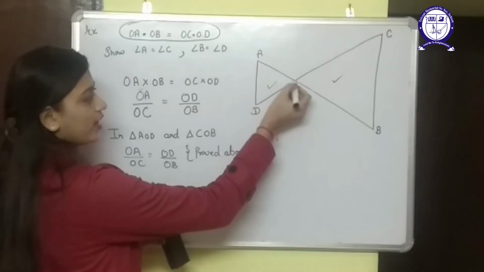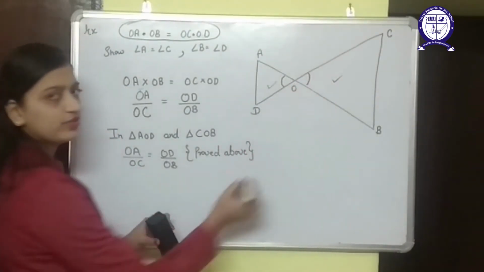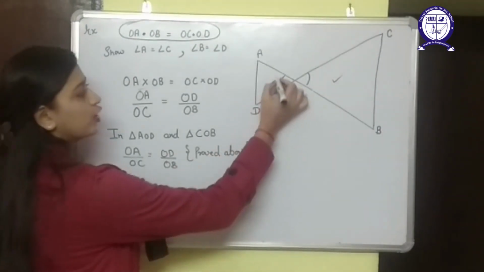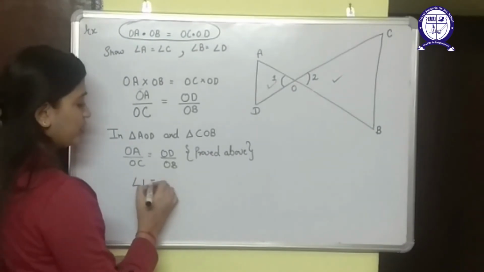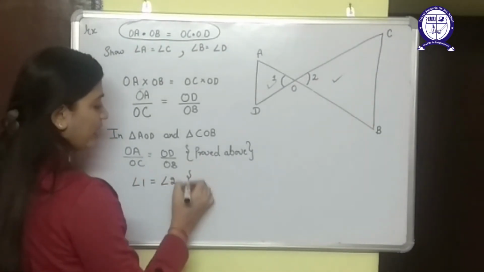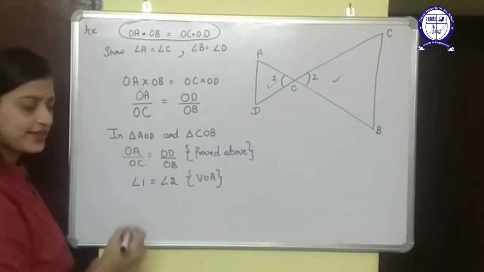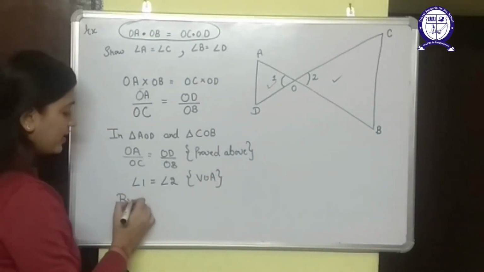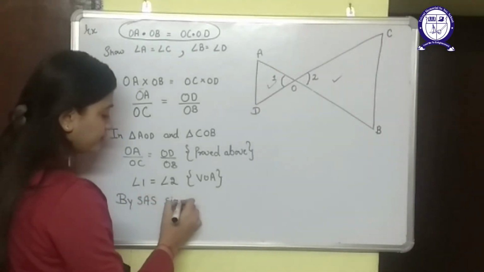These are OA, OD, so the angle should be this one, and here the angle should be this one. And we know that these two angles are equal by vertically opposite angles. So angle 1 equals angle 2 by vertically opposite angles. Now which criterion is used here? By side angle side similarity.